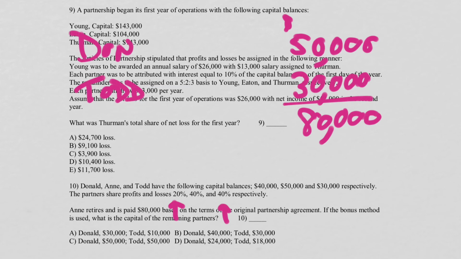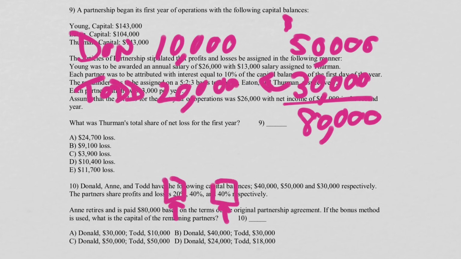So 1/3 of the 30 will go to Don. He'll take it away from his capital account to give to her. Todd will, so it's a 1/3, 2/3. This ratio becomes 1/3, 2/3. So of the 30,000, 1/3 goes there, 2/3 goes here.